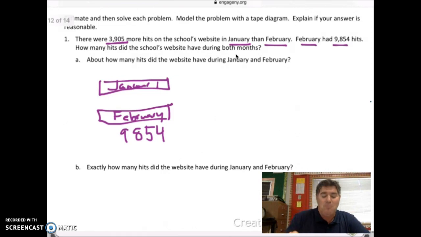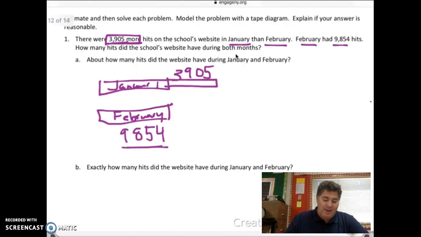Then January had more. They had more hits right up here. Okay, so we're gonna say that they have 3,905 more hits. Well, what does that actually mean? What it means is that this number right here will be the same as this number, and then these guys are going to be more.